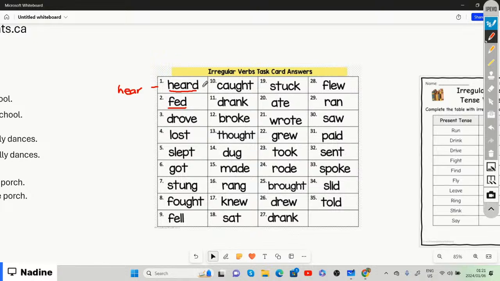So she fed the dogs this morning, but now we can say she feed or feeds the dog. So feed or feeds is the present tense form of the word fed, which is in the past. Our past tense is drove.